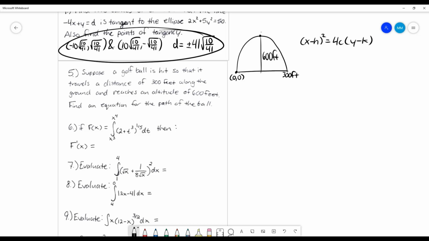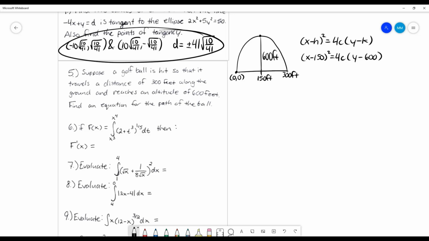Okay, we see our vertex is at this point right in the middle, which, well, it goes from 0 to 300 feet, so it's going to be right there. So our h is going to be 150 feet, and our vertex height, our k value, is going to be at 600 feet. So it's going to be x minus 150 squared equals 4 times c times y minus 600. Now all we have to do to have our equation is figure out that c value.